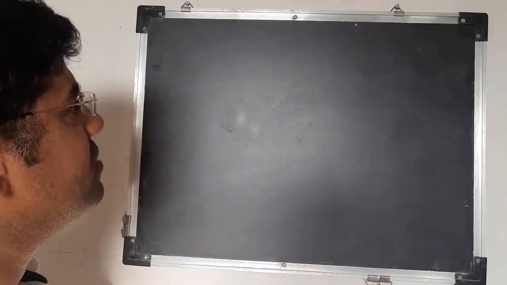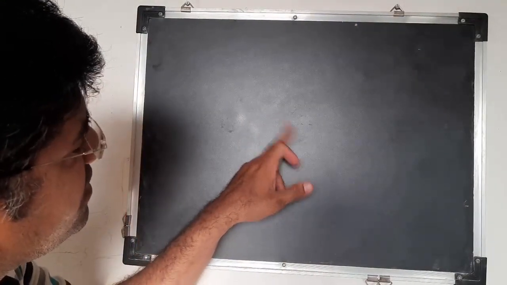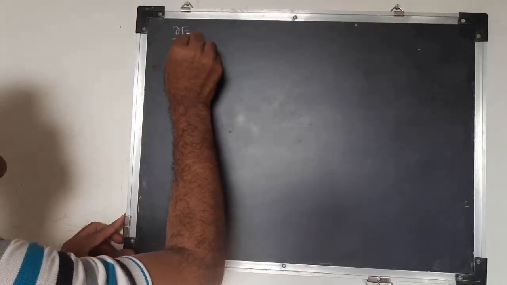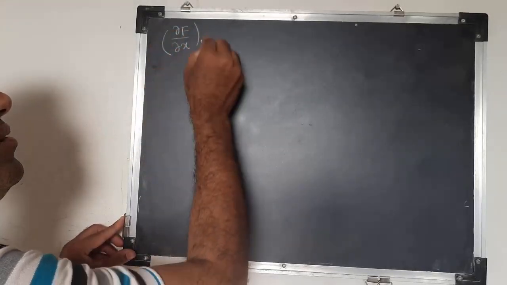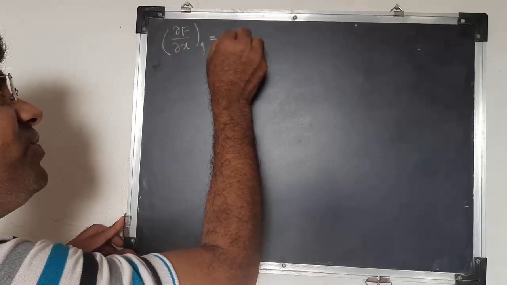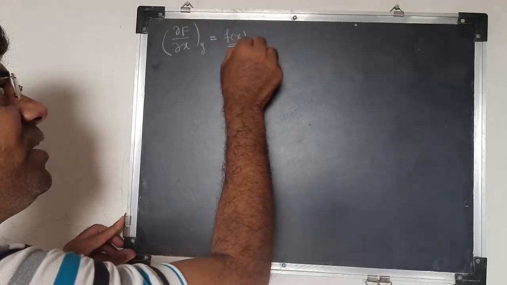The next topic is your successive differentiation. Now in successive differentiation, suppose you know this is delta f by delta x, at y constant. Suppose this is again a function of your x.